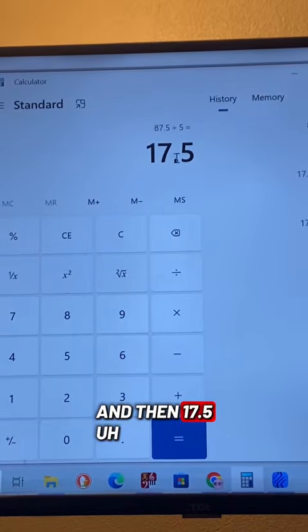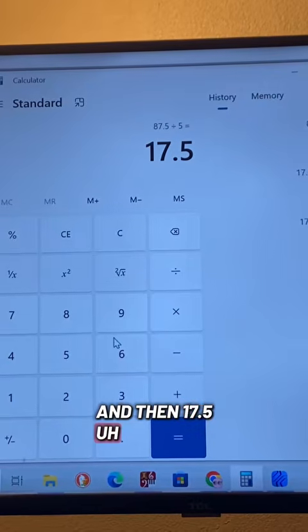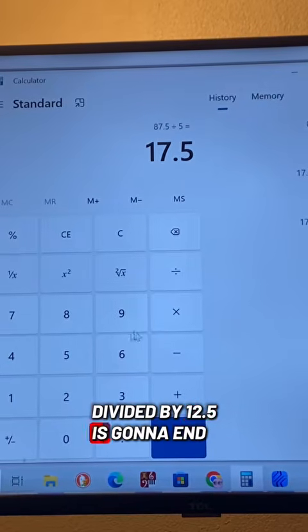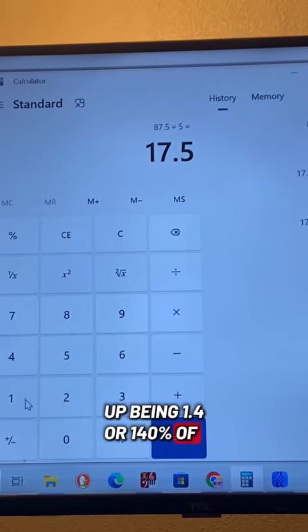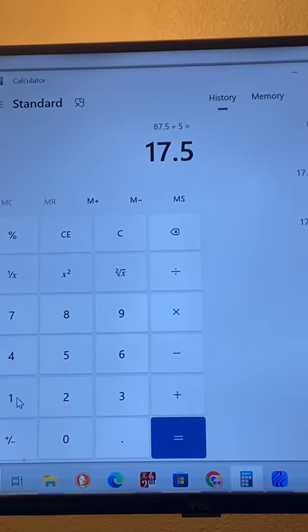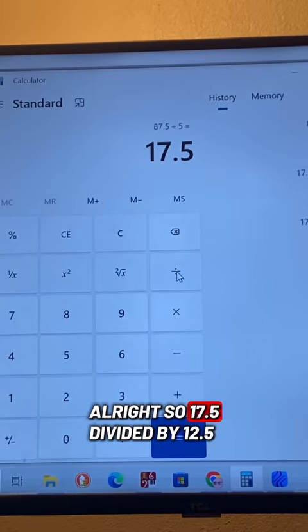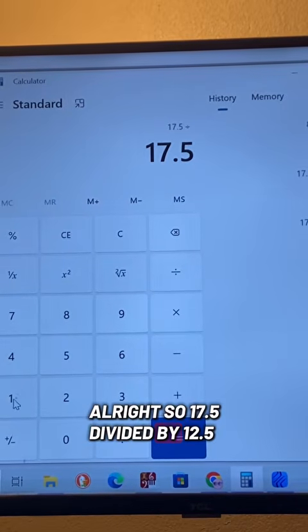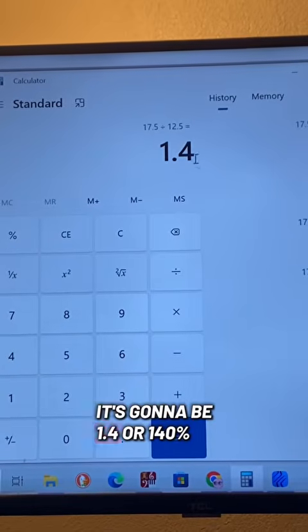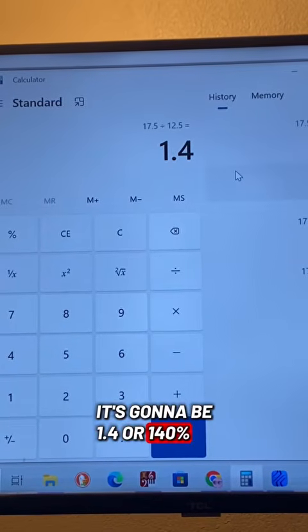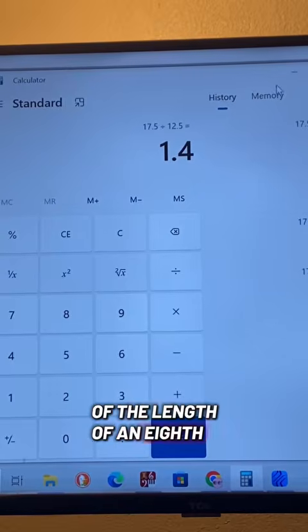And then 17.5 divided by 12.5 is going to end up being 1.4, or 140% of a single eighth note. Again, it's 1.4, or 140% of the length of an eighth note.